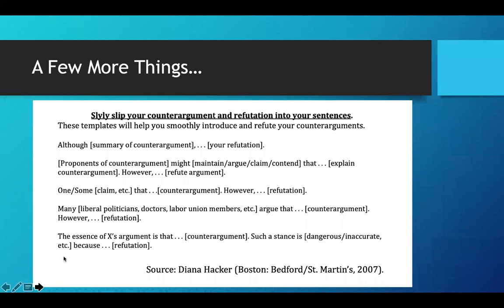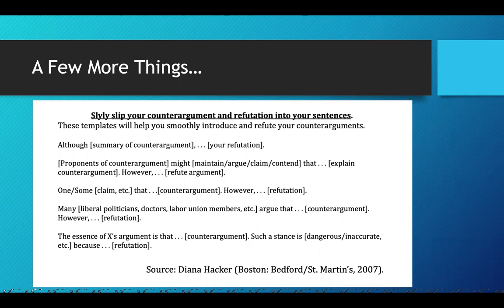Really quickly, I'd like to talk about how to slip your counter argument into your sentences. So this is just brass tacks, like how do you actually make it work within your paragraphs. So here are some templates for you to use. I think this would be very helpful for you if you're still unsure how to introduce counter arguments into your writing.